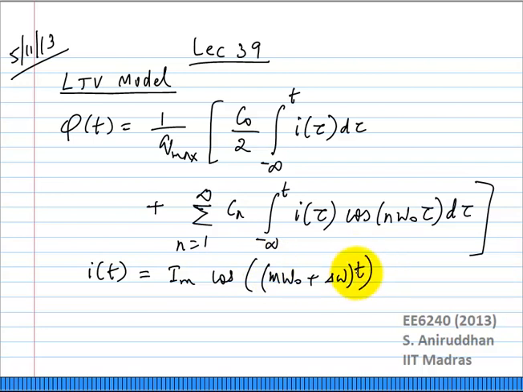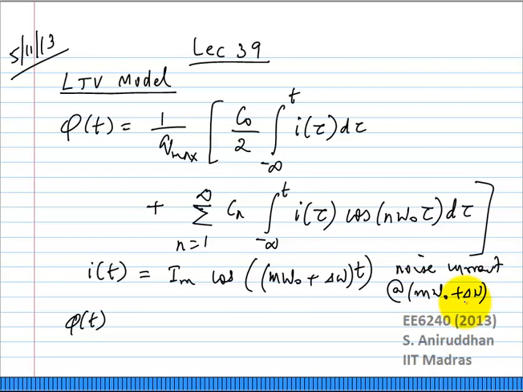So m ω0 plus Δω times t, cosine of that. So we are looking at the component at m ω0 plus Δω, and we said the phase disturbance due to this current noise. Okay, we are representing it by this quantity.